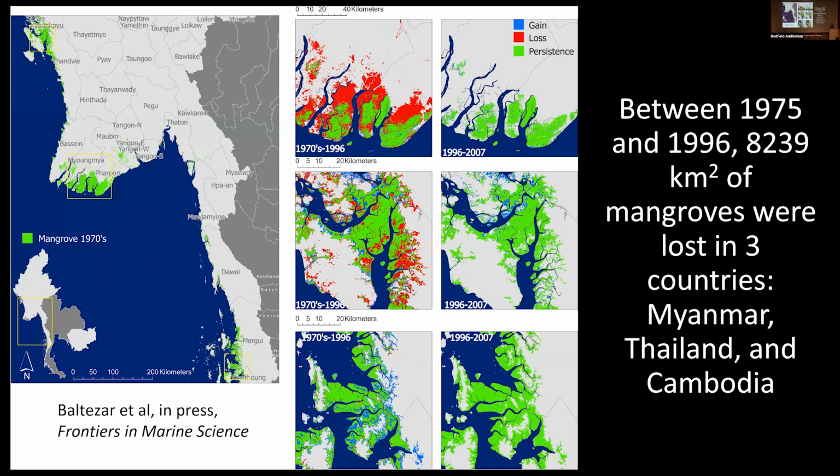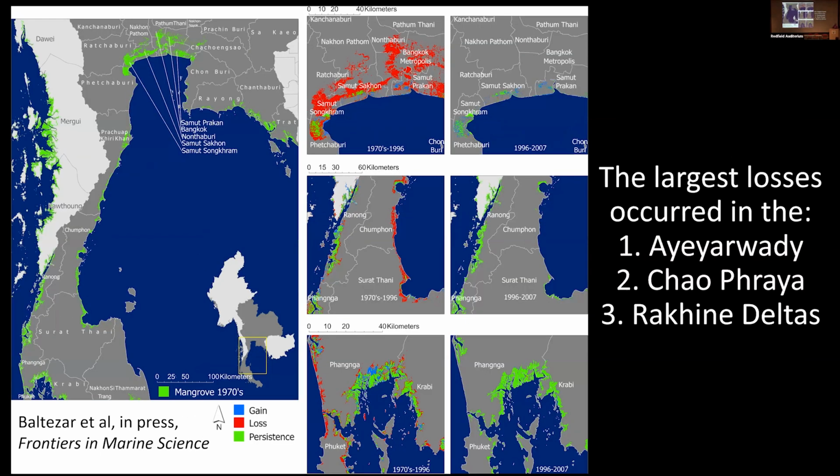And as you can see on the top right, much of this is happening in the Irrawaddy Delta, where we see this drastic loss of that ecosystem. And the largest losses are occurring, again, in delta systems. So thinking about the loss in the Irrawaddy, the Chao Phraya, and within these Rakhine Delta regions.